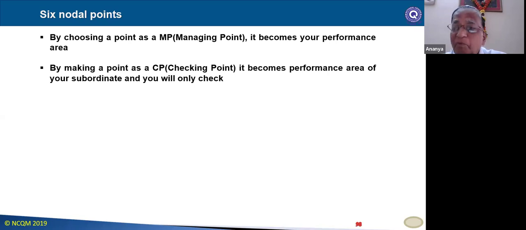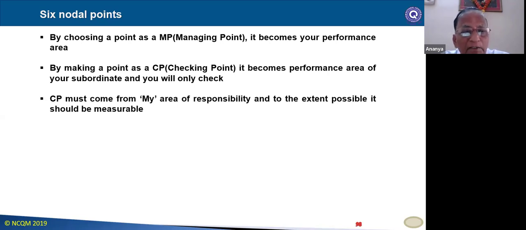All these are checkpoints, supposed to be checked by the supervisors. Whether these are available and done as per plan will be the MP, or management point. So the management point is different and checkpoints are different. These are part of the daily management we normally talk about.